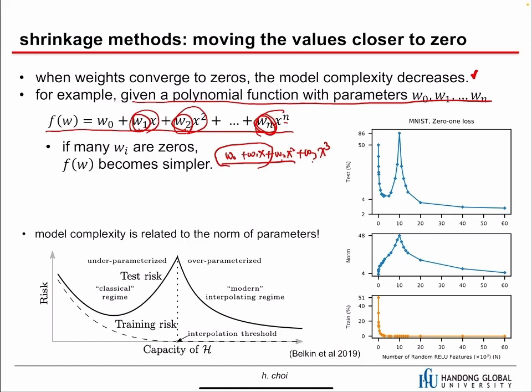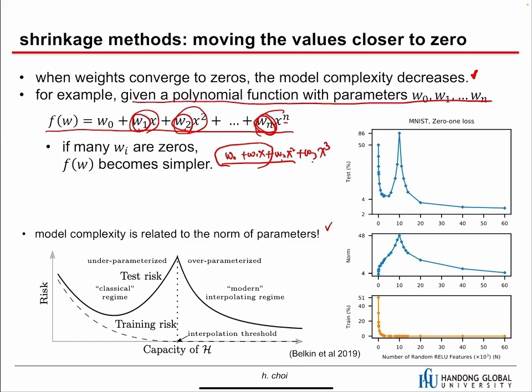Even when these parameters are not exactly zeros, when the norm of this parameter vector is smaller, then the model is simpler. And actually, there's a paper saying that the model complexity is related to the norm of parameters.